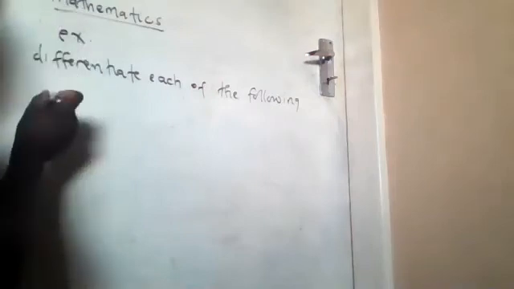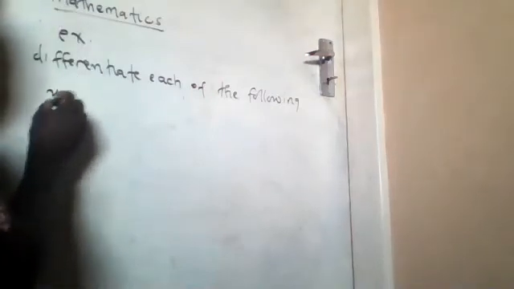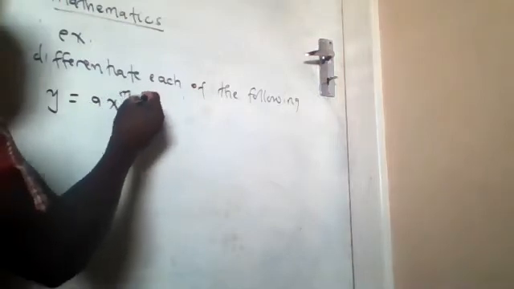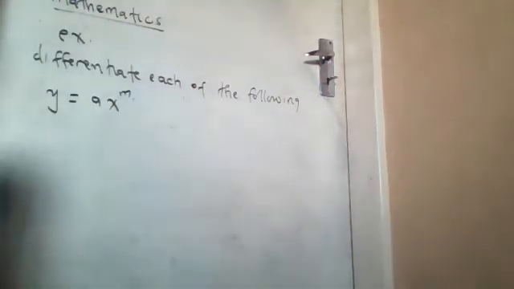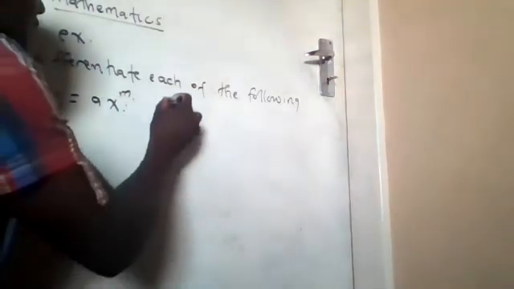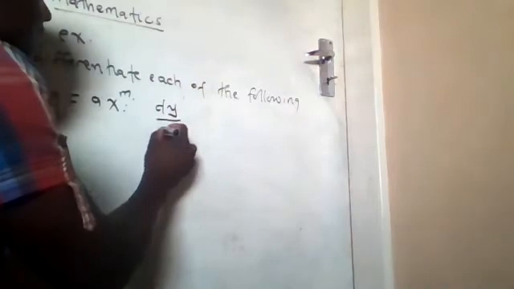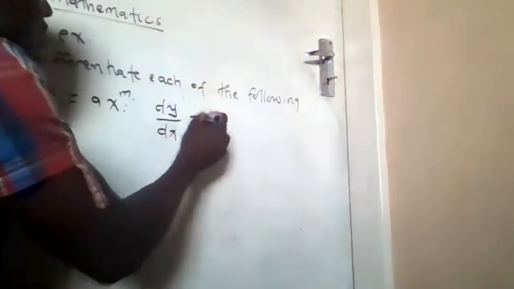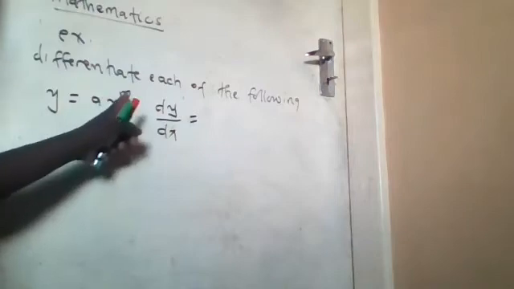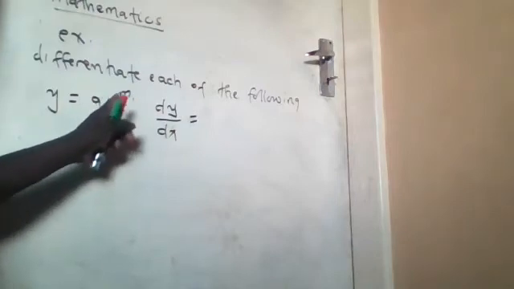When you're given a function as y is equal to ax raised to power m, if you want to differentiate, which you say dy, the change in y over the change in x, all you have to do is look at the coefficient. Our coefficient is a and our power is m. You have to multiply the two.